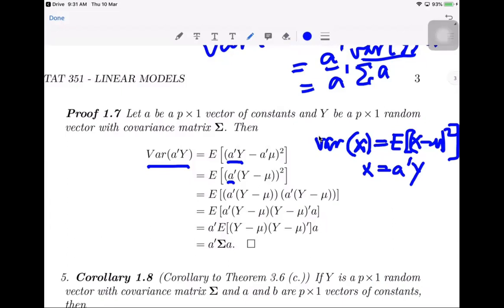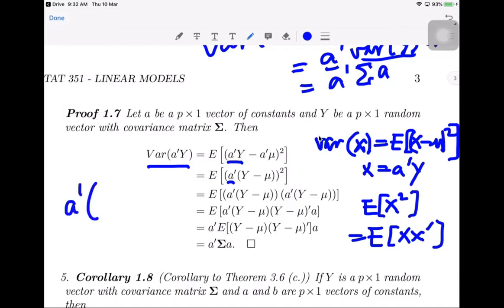And then, as I have said in the multivariate setting, the square there is actually equal to XX prime, no? So what happened here is that you have a prime times (Y minus mu), then (Y minus mu) prime. a prime is distributed to all of them.